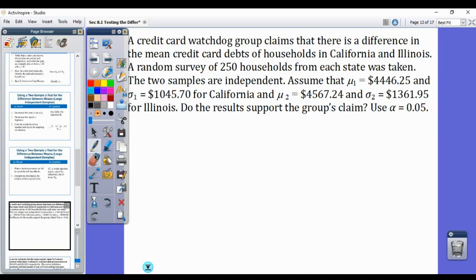And mean 2 is $4,567.24, and the corresponding standard deviation is $1,361.95 for Illinois. We want to know whether or not the results support the group's claim. Our alpha level in this case is 0.05. Whew, okay, so we got a lot of information going on.